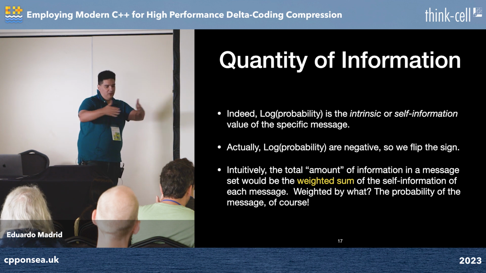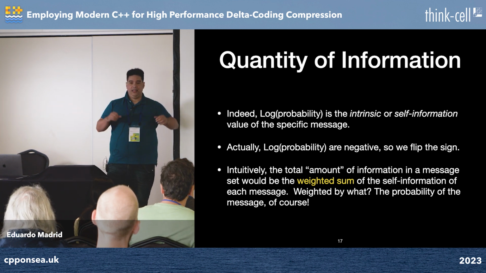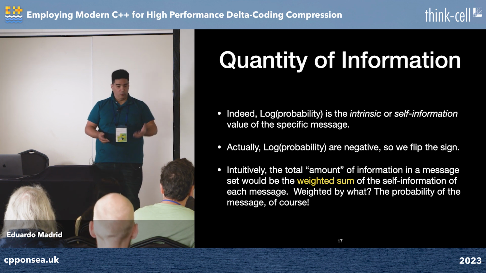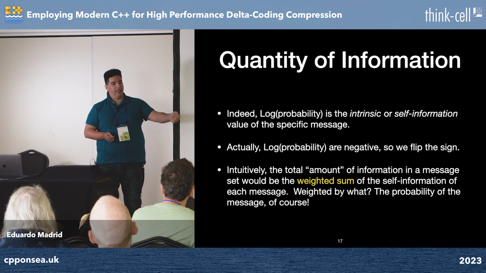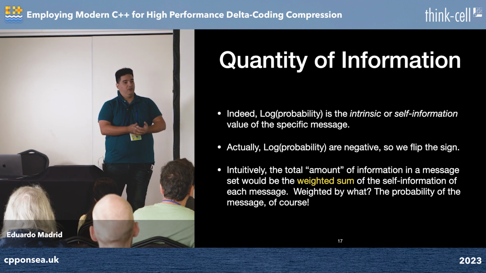So, intuitively, if we have a collection of messages in a communications channel, the total information that the channel is able to convey is going to be the weighted sum of the information content of each of the messages. And the weights have got to be the probability of the messages themselves.